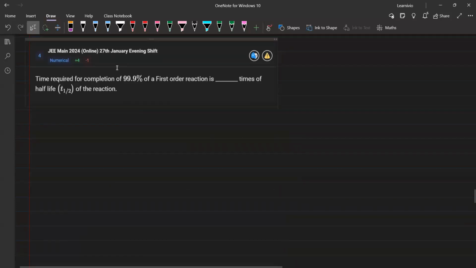Try this one. The time required for completion of 99.9% of a first order reaction is dash times the half-life of the reaction. Here you have to do the comparison again.